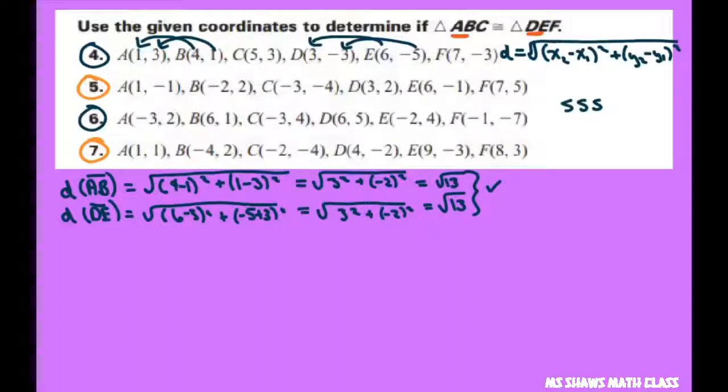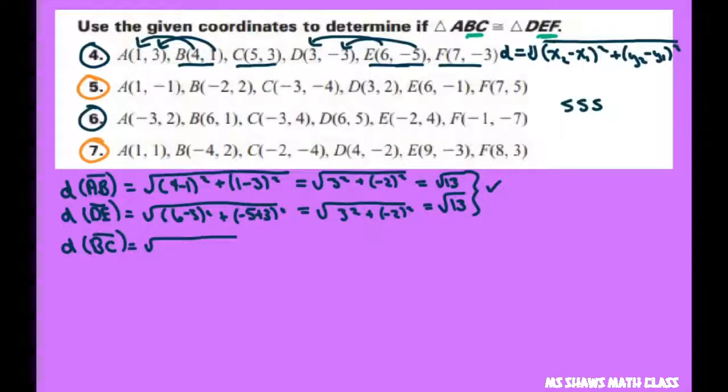Now we have to look at BC with EF. So we're looking at these two. We're going to do the distance of BC, and I'm going to go in the same way.